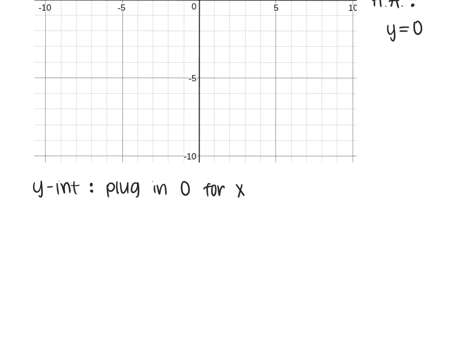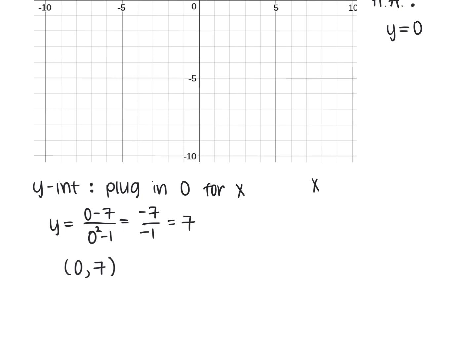And you can plug it into your original equation, or if it's simplified, your simplified equation, it doesn't matter which. So we're going to have y equals 0 minus 7 over 0 squared minus 1. So those are going to cancel, and I get negative 7 over negative 1, which is 7. So my y-intercept is going to be at (0, 7).